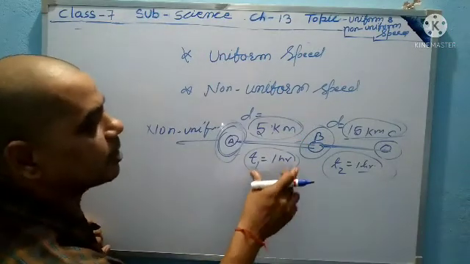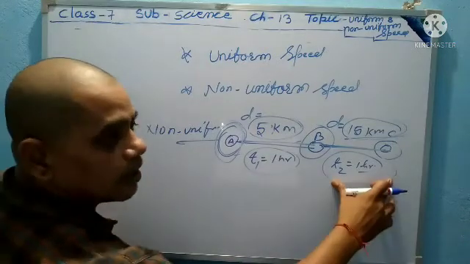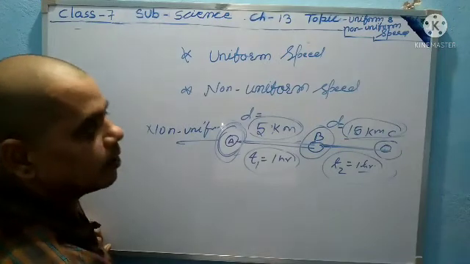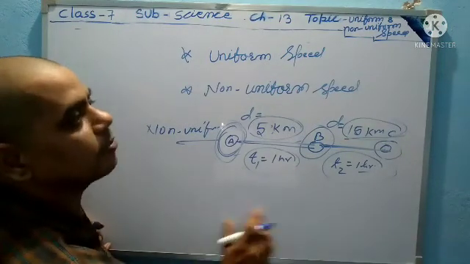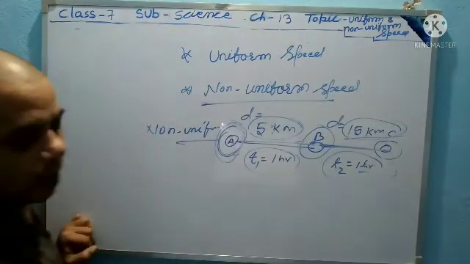The time interval is 1 hour each, but the distances are 5 kilometers and 15 kilometers. So it is not a definite distance in a definite time interval. That is called non-uniform speed.